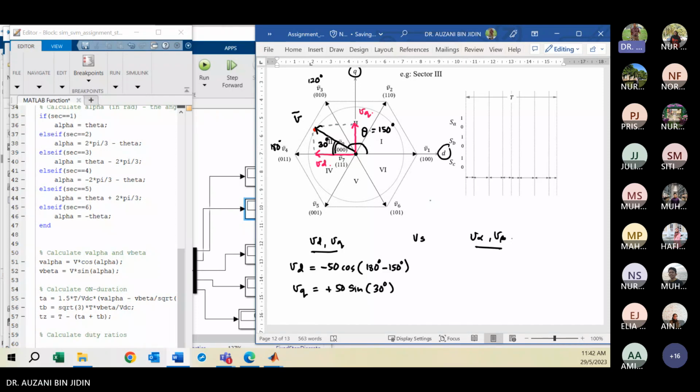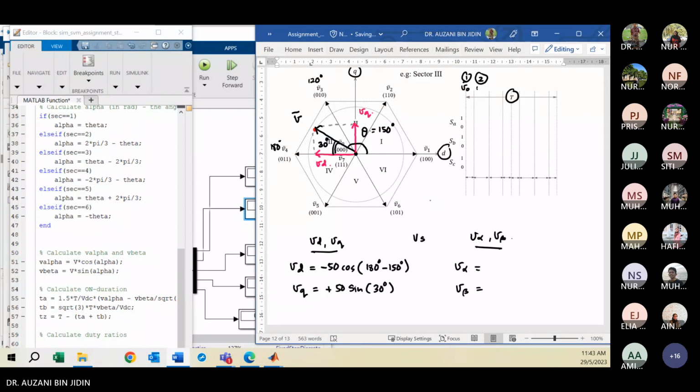Okay, now to calculate V alpha and V beta. Firstly, since your space vector is located in sector 3, you need to first identify the adjacent vector to be selected within a switching period. In interval number 4, you need to choose the zero vector. In interval number 2, what?